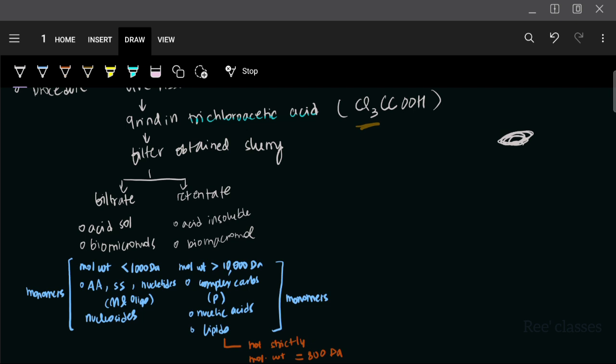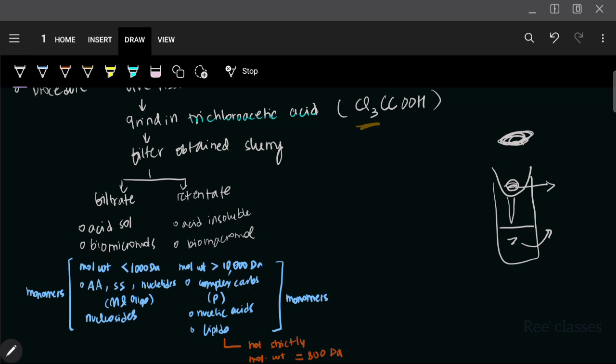Okay, when you filter it, you're going to get the filtrate. When you filter something, there's some of it here, and then there's some of it here, right? So this is the filtrate, right? This is the filtrate. This is the retentate.